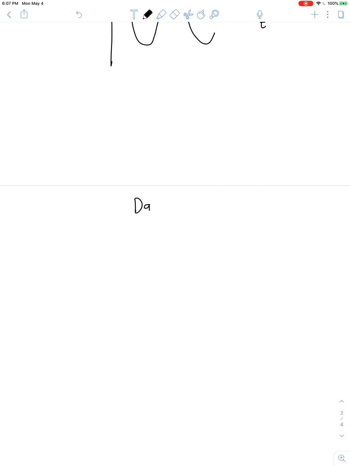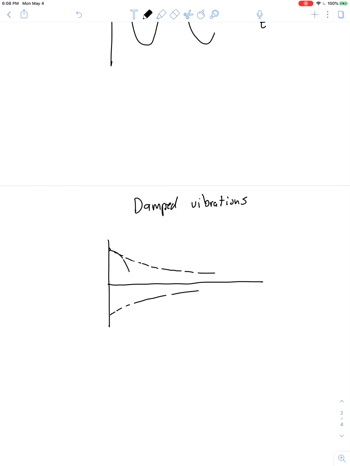A graph of damped vibrations, the result of compressing a spring that has the fluid resistance, gives sinusoidal behavior, but sinusoidal behavior that decays away in time. So you might have a graph of position versus time that looks more like this.